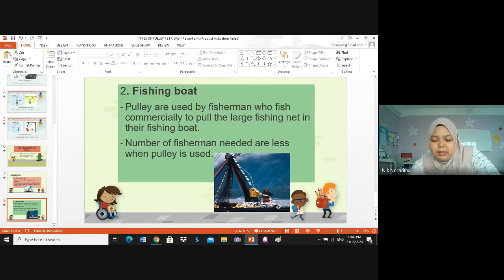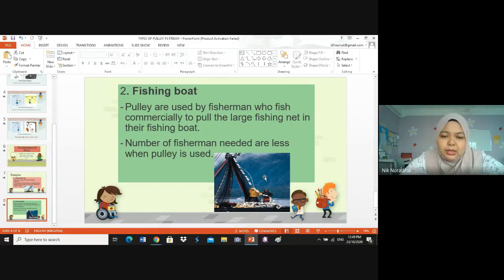Sometimes the fishermen that sell the fish use a big fishing boat, okay, big fishing boat. So they need a pulley to pull the large fishing net because they want more fish, so they have to use the large fishing net. But this large fishing net is impossible for one fisherman to pull. It's impossible for one fisherman to pull it.